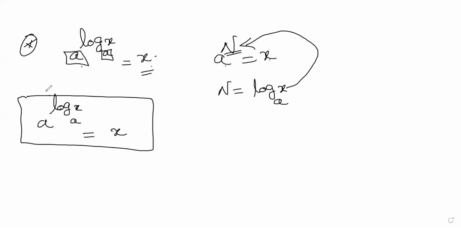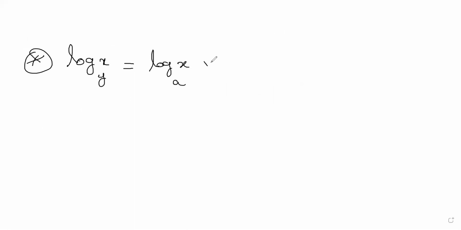So these are sufficient. These are the major formulas you have to know on logarithms. And one more is called the chain rule. Log x to the base y can be written as a product of multiple logs: log x to the base a into log a to the base b into log b to the base y.